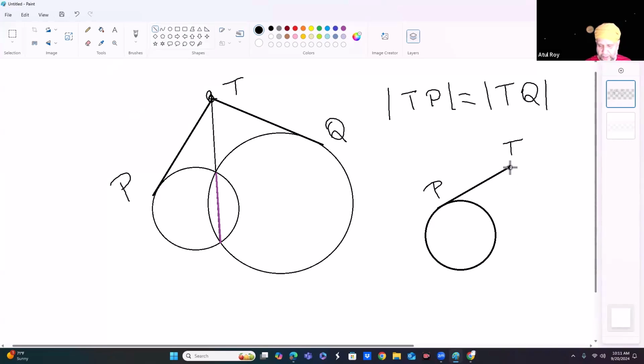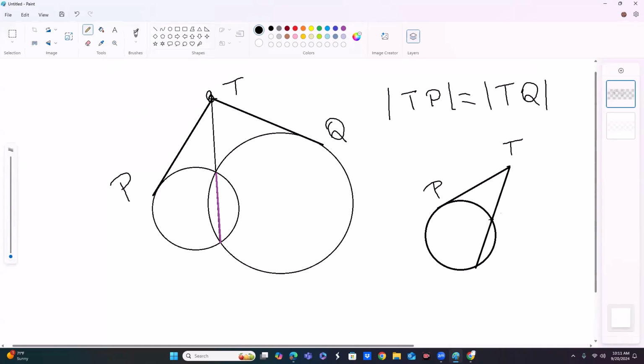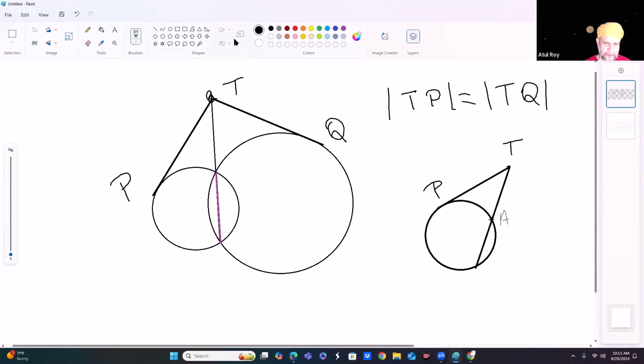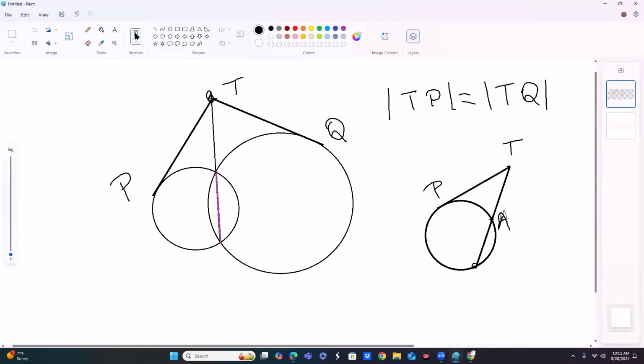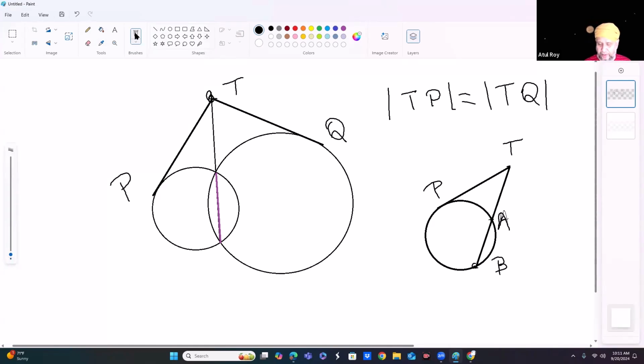And then I draw a secant line here, and say the secant line meets the circle at the points A and B. So this is called the power property.